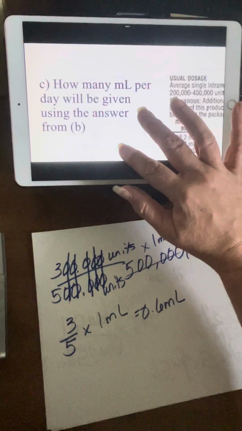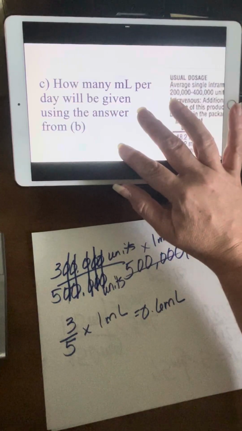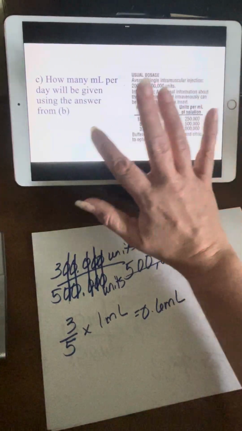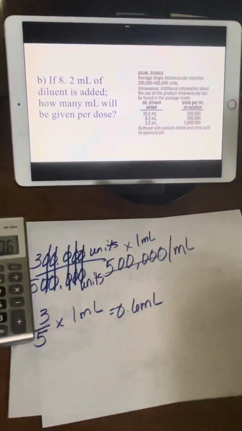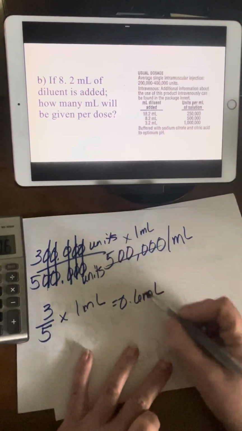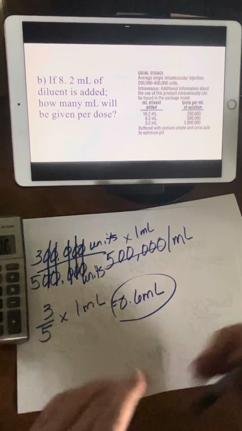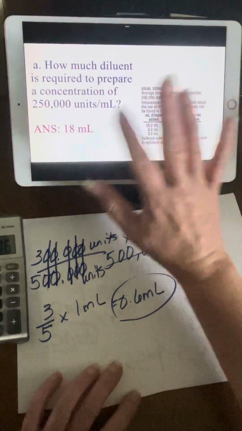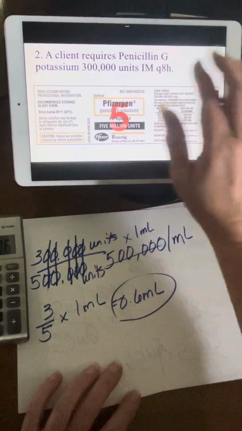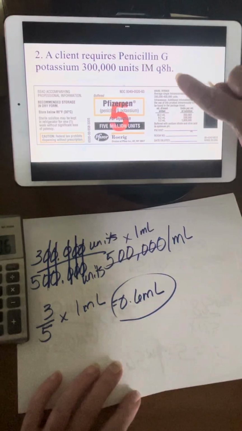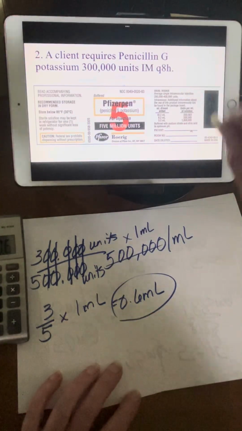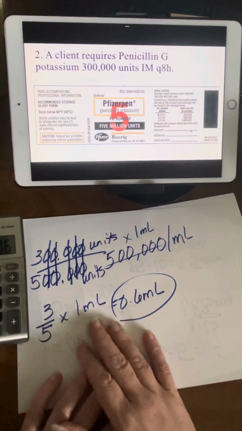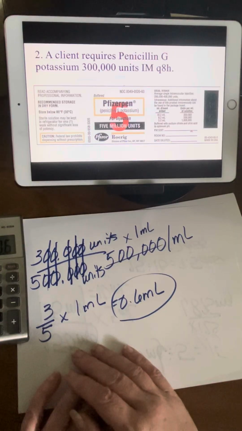And then this one says, how many milliliters per day will be given using the answer from B? The answer from B was 0.6. I'm sorry, I didn't finish putting the answers. And he's supposed to get this Q8 hours. You see that? How many 8s are in 24?